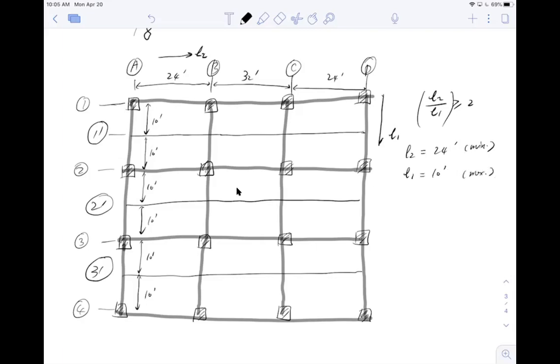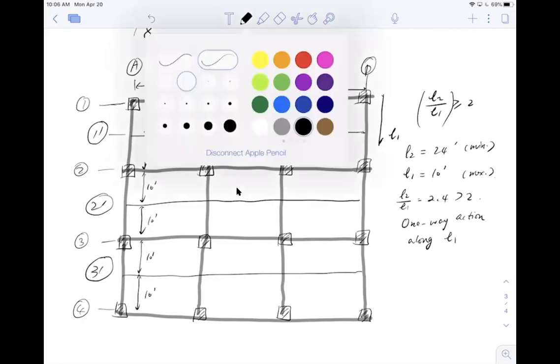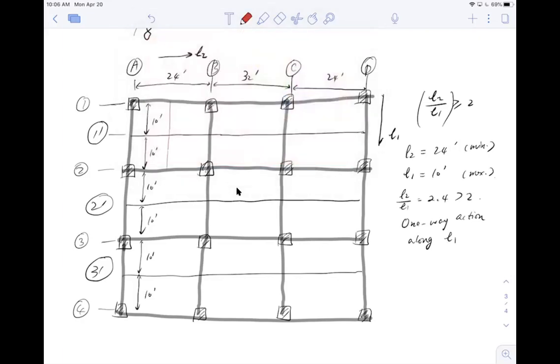Well, it's the same across the board, but I'm just going to say this is the maximum. And now L2 over L1 is almost 2.4, which is bigger than 2. So I have a one-way slab action along L1. I'm going to use different colors here. So the one-way slab action is right here in this direction.